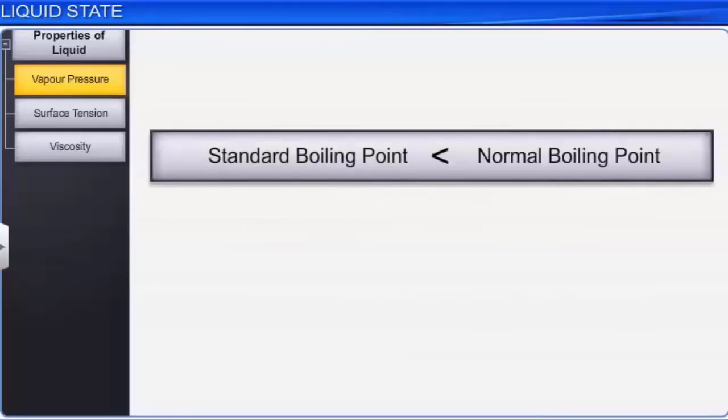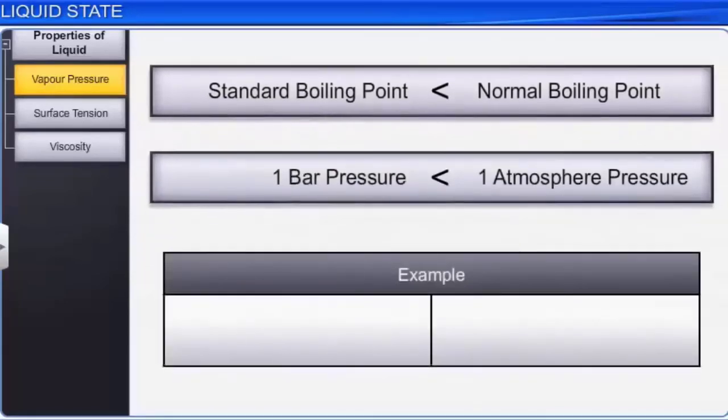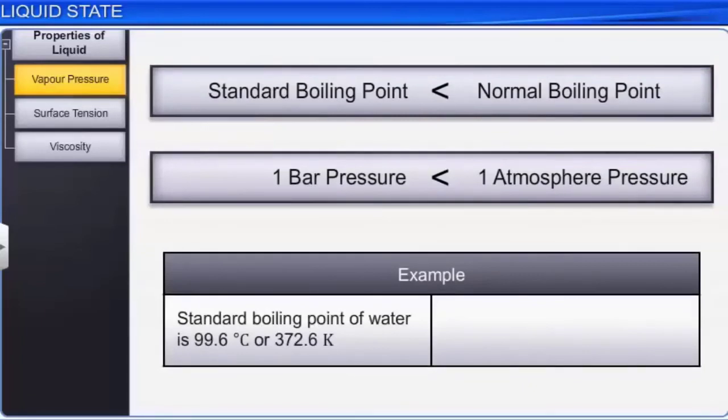For example, the standard boiling point of water is 99.6 degrees Celsius or 372.6 Kelvin, and the normal boiling point of water is 100 degrees Celsius or 373 Kelvin.